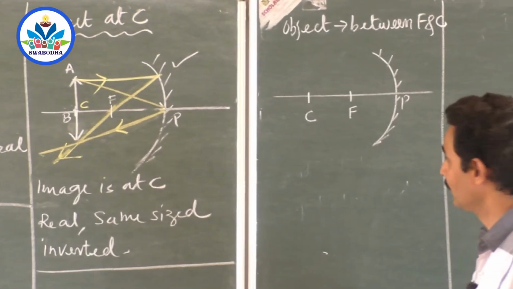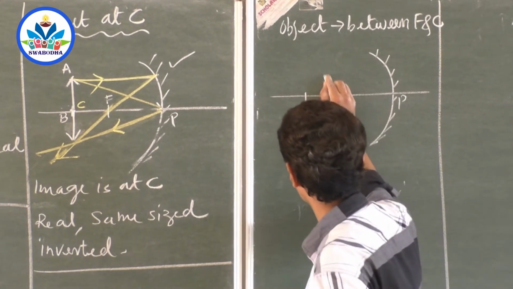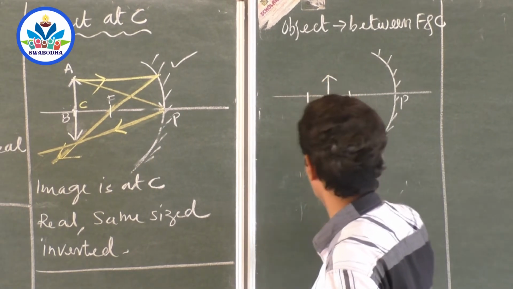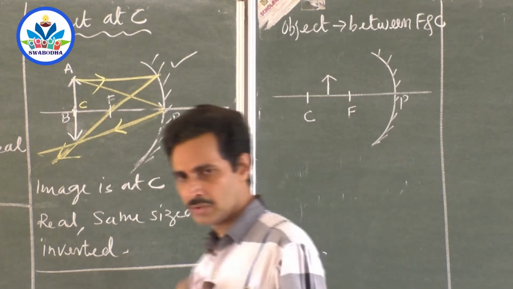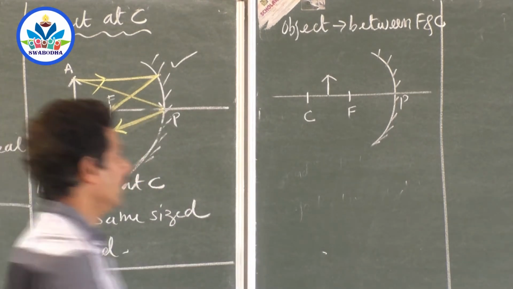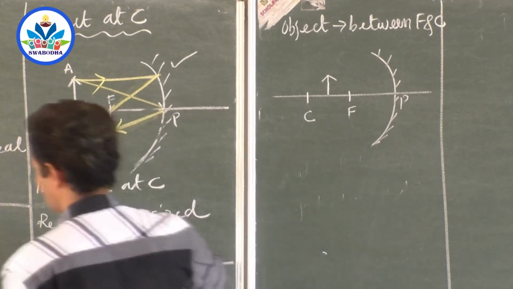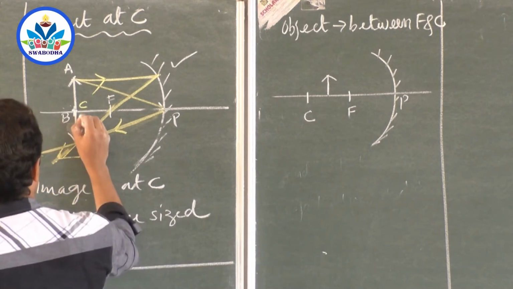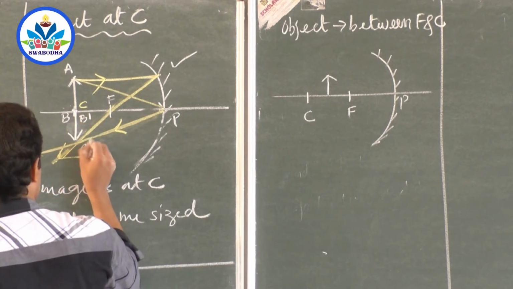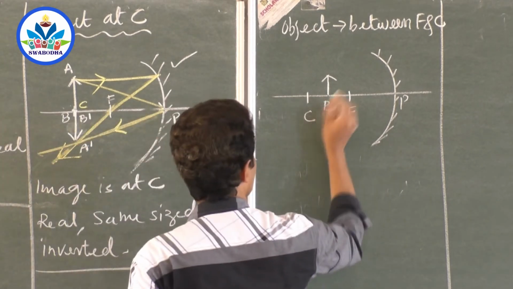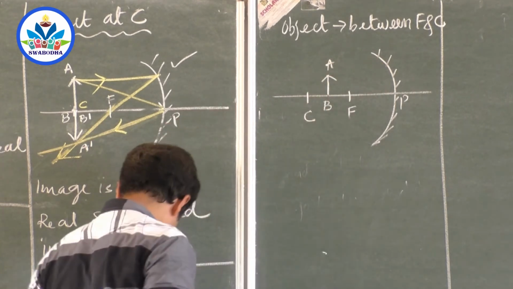Okay, let us keep an object between F and C here, anywhere between F and C. Again the story goes the same way. Object, okay, here I didn't mark the image. This is B dash, this is A dash. Here this is B, this is A. So same story.